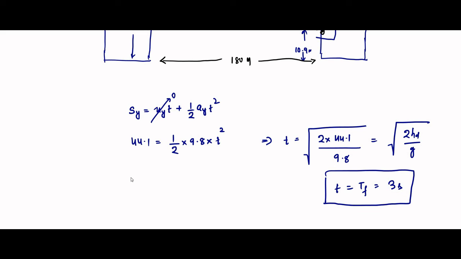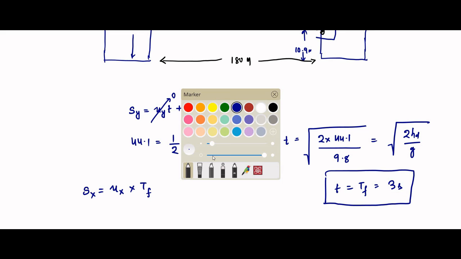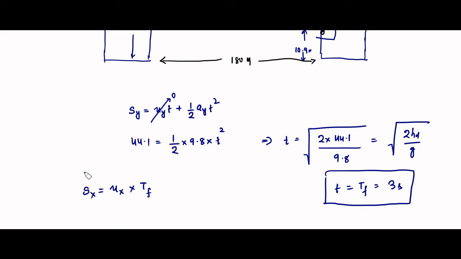Now the horizontal distance covered by the ball is equal to the product of the initial horizontal velocity, which is constant throughout the projectile motion, multiplied with the time of flight. This formula we know. Here Sx is given, that is the net horizontal displacement, which is equal to the separation gap between the two buildings, 180 meters. The time of flight we calculated is 3 seconds. We want to know the initial horizontal velocity.